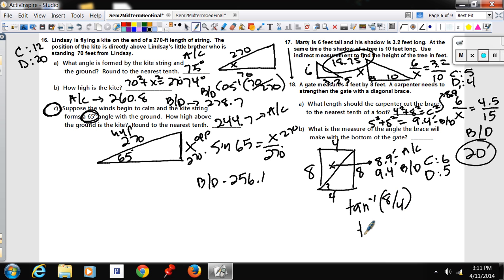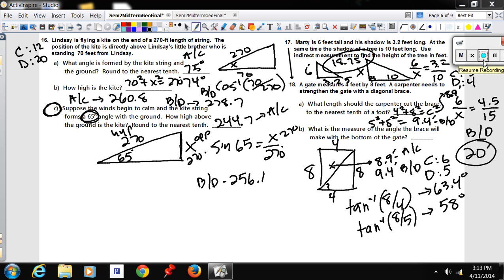Or it's going to be inverse tan of 8 over 5. Either way, you're going to plug those into your calculator. For test A, you're going to get 63.4 degrees. And for test B, 58 degrees. Those are your two answers for number 18.